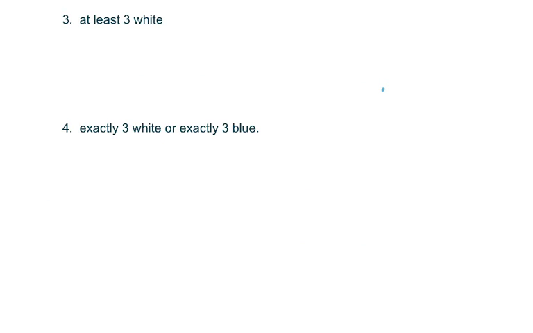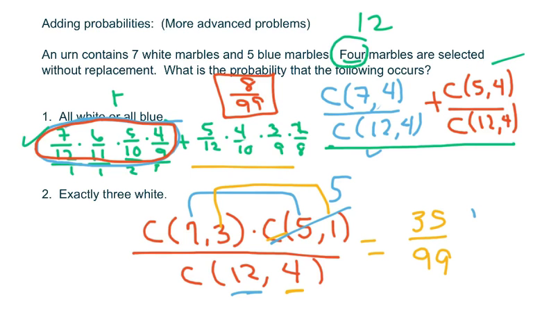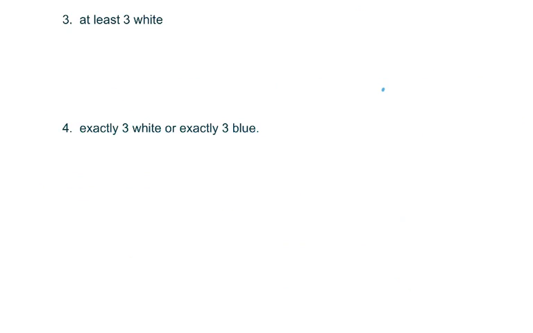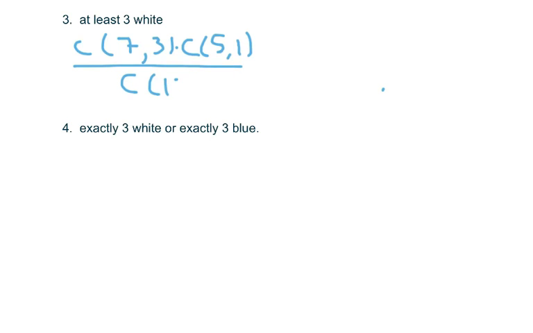All right, at least 3 white. Now, this one's a little harder. So since we're drawing 4, that means we have at least 3 white or 4 white. There's where the or comes in. So at least 3 white, we already did. We already know that that is 35 over 99. I'm going to go ahead and write it out the long way, though. So 3 white would be the combination of 7 white taken 3 at a time, and then the blue would be here, and over my total.